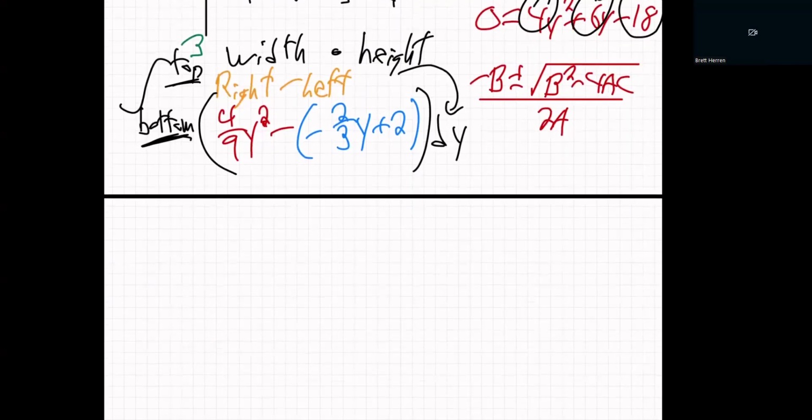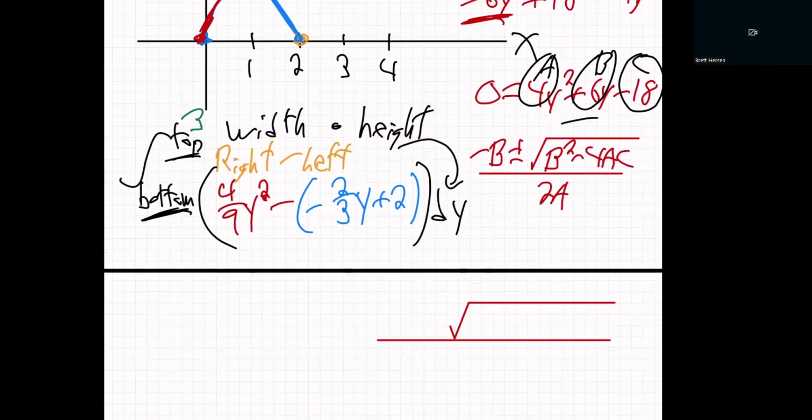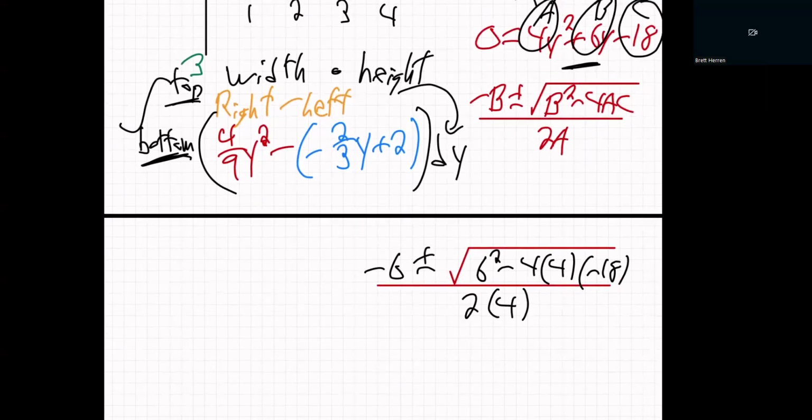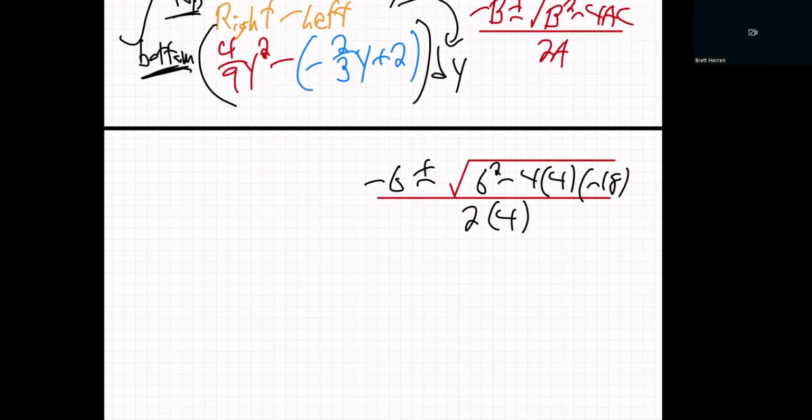So we got negative b, negative 6 plus or minus the square root of b squared, 6 squared, minus 4 times a times c all over 2 times a. And so again, that is going to be negative 6 plus or minus.